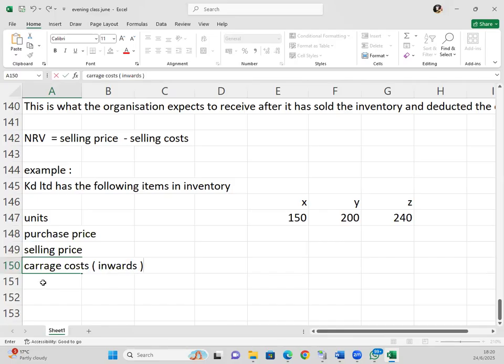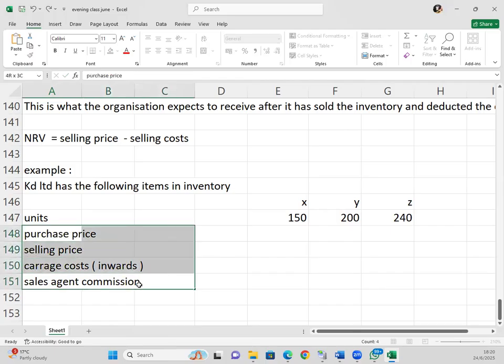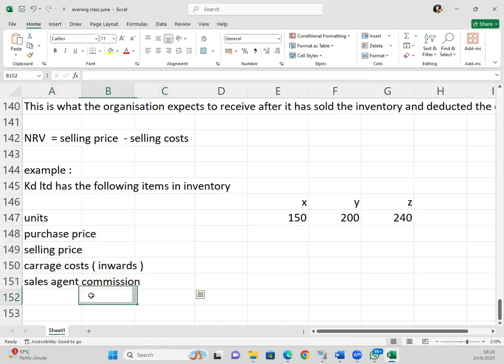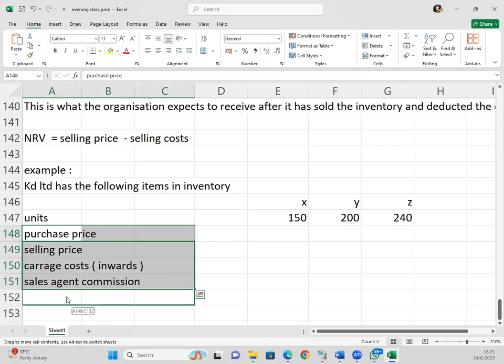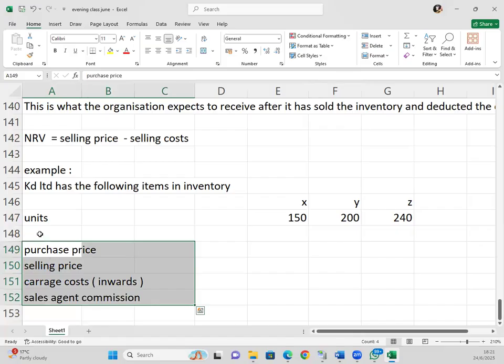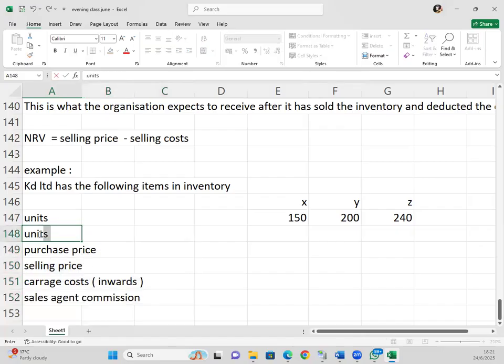We can have the sales agent's commission. So these are unit costs. This data that I'm now providing is per unit. So you can say unit costs.